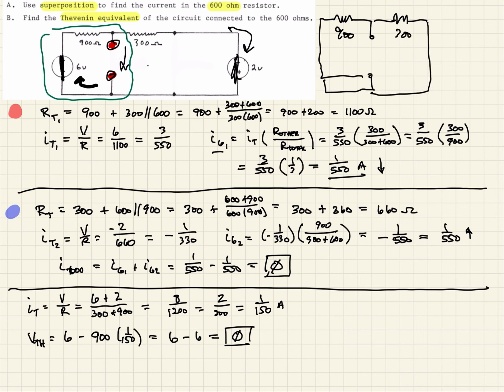So our R Thevenin is just going to be 300 in parallel with 900. That's 300 plus 900 over 300 times 900, and when we calculate that, we should come up with 225 ohms.